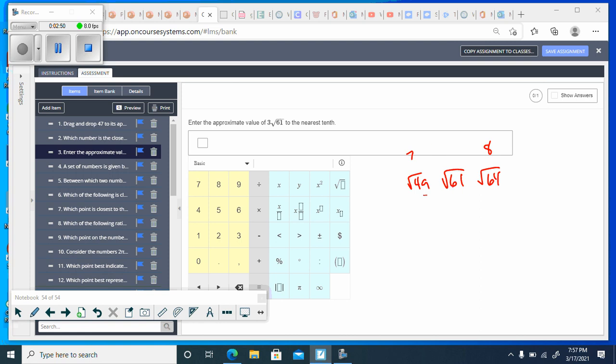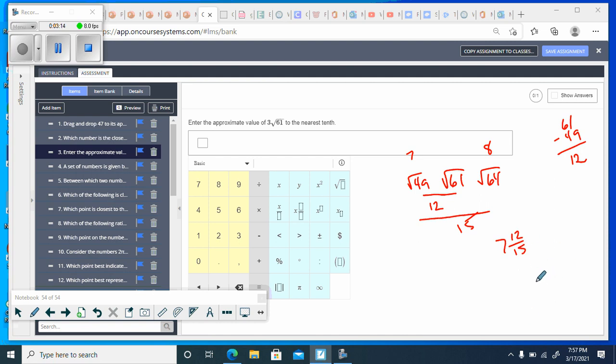Okay, let's see. 61 minus 49 would give me 12, right? And 64 minus 49 would give me 15.